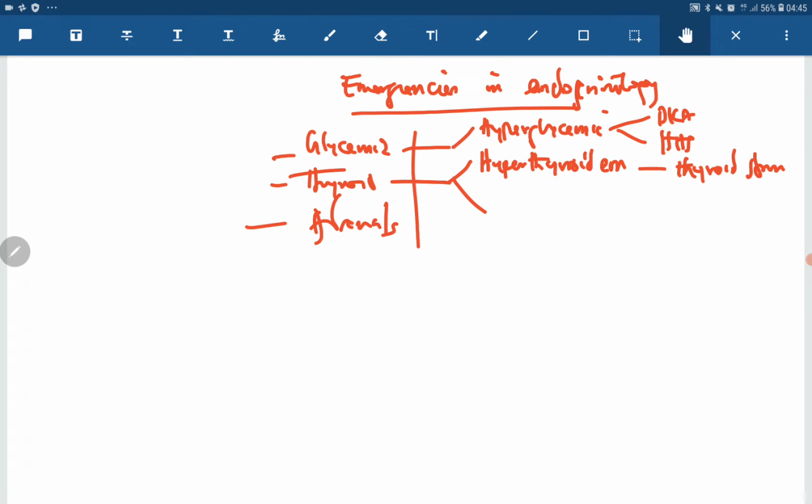And then also we talk about the hypothyroidic emergency. In this case, we talk about the hypothyroid coma. And then for the adrenal, we talk about the adrenal crisis.